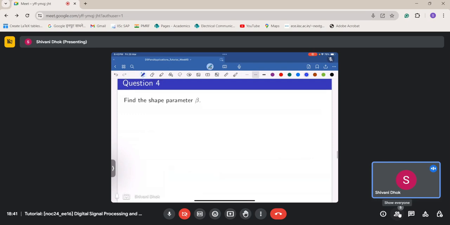If there are no further questions, then I'll move on to the next one. And now in this question, we need to find the shape parameter, that is beta, for the Kaiser window. So now this shape parameter, so we had seen that we define another variable which is alpha, which is beta into n, and which implies that my beta will be alpha by n.